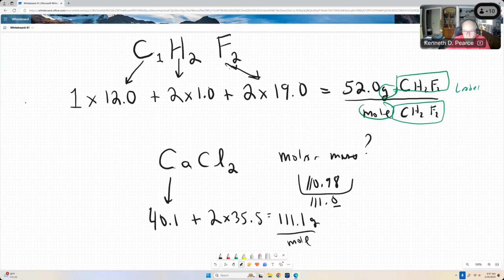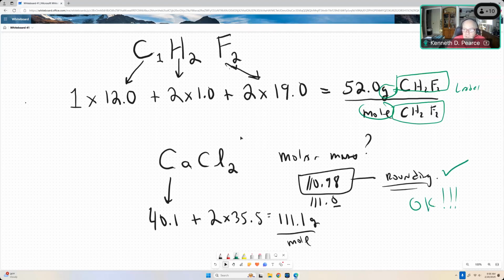Now, rounding, it's okay. The reason you got 110.98 is probably because you went out a few extra decimal places, and that's okay. 110.98, which gives you 111.0, is essentially the same as 111.1.